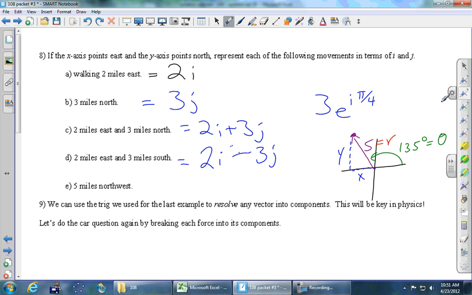What's our formula for x? r cosine of theta. That's what you're going to use. So we're doing 5 cosine 135 and 5 sine of 135.